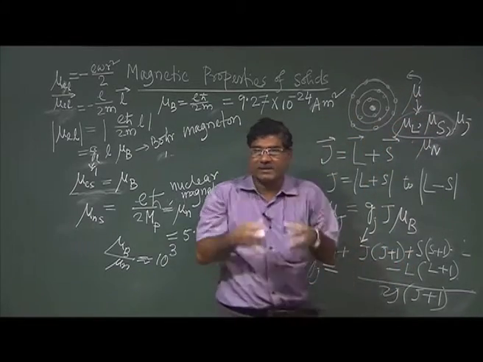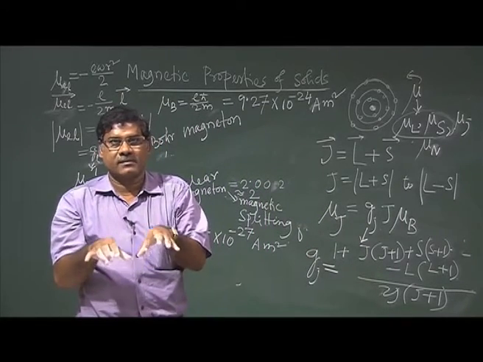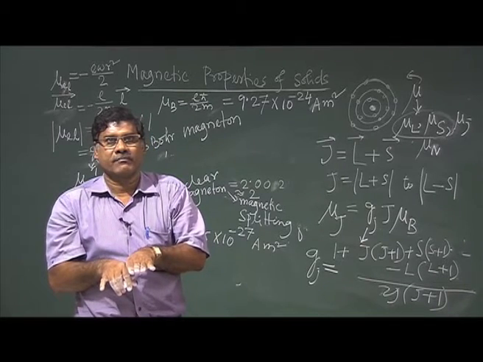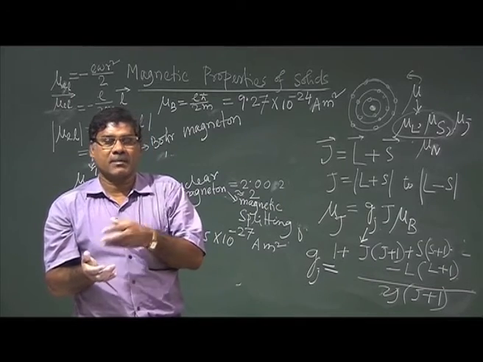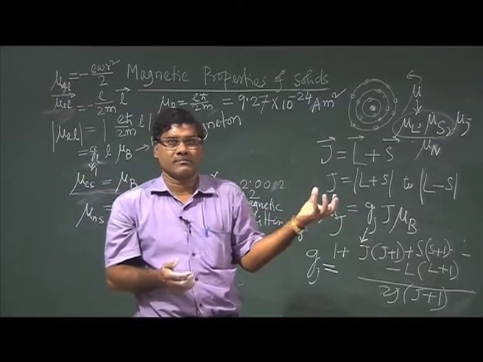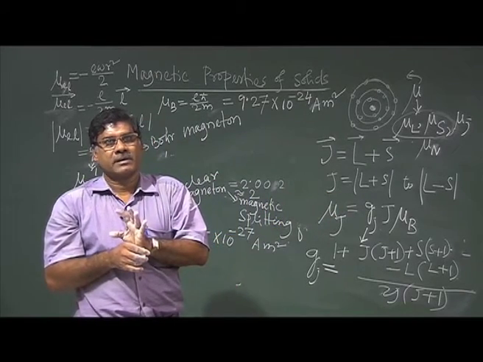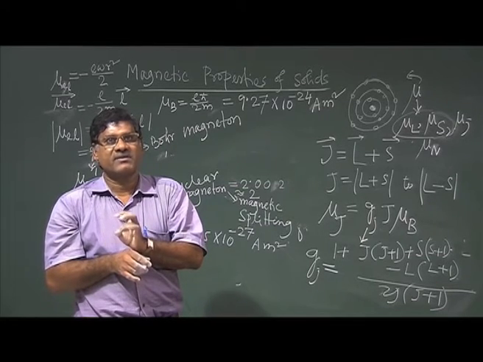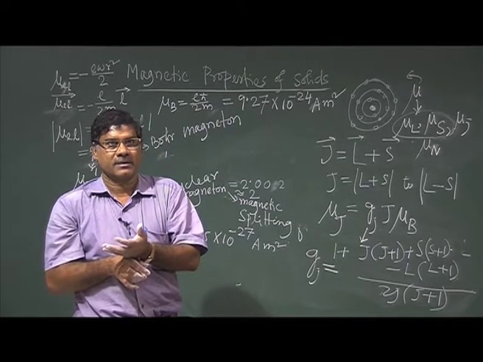So, when this atom is put in a material, in a lattice, its situation is different. Whatever magnetic moment this atom shows as an isolated one, when it is put in a material its magnetic moment can be different, and in most cases it becomes different.